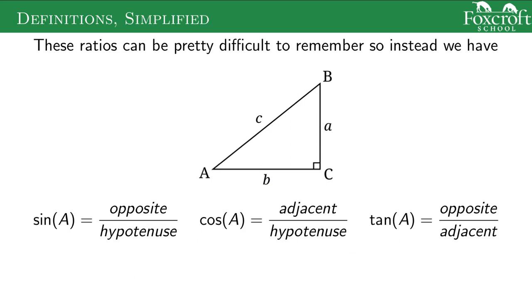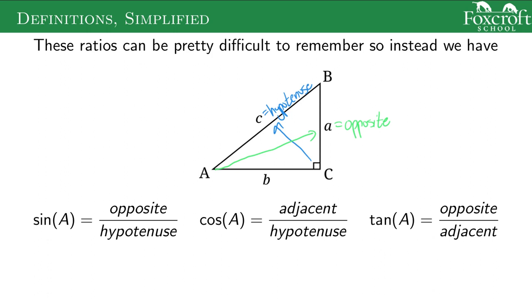Instead of just randomly labeling them A, B, and C, we're going to give these sides names. The one we've already talked about with the Pythagorean theorem is the hypotenuse. So C is the hypotenuse. If you go across your triangle like that, you're on the opposite side of your triangle. It's opposite from the angle that you're talking about.